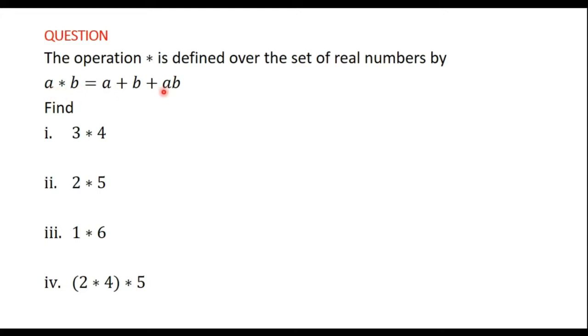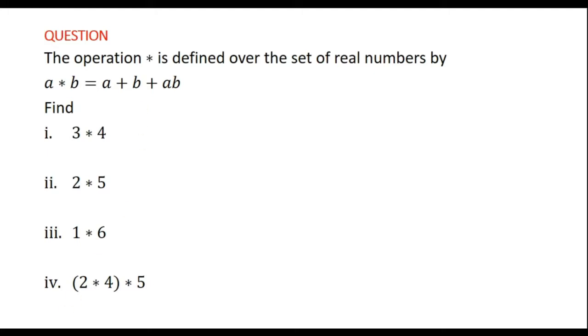So the operation has been defined for us, a star b, and it has been given as a plus b plus ab. So the question is telling us to find: i, 3 star 4; ii, 2 star 5; iii, 1 star 6; iv, (2 star 4) star 5.